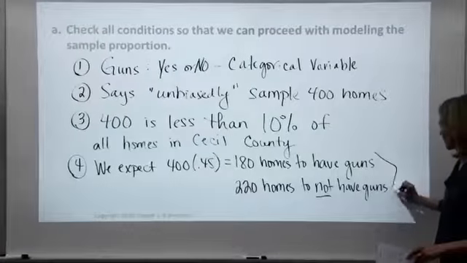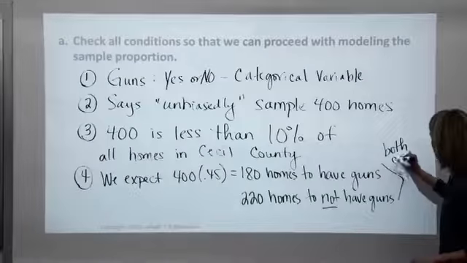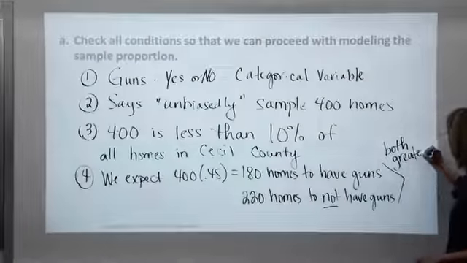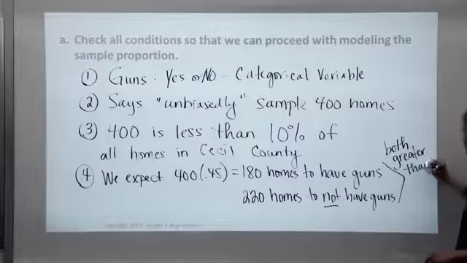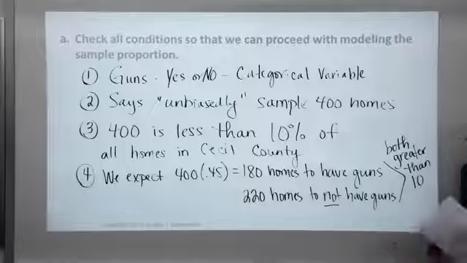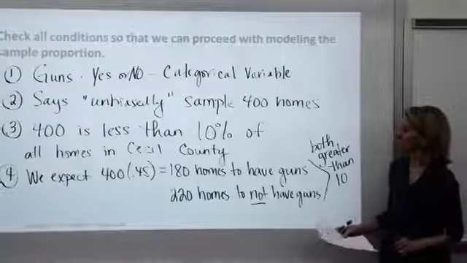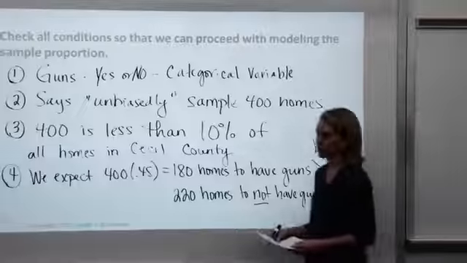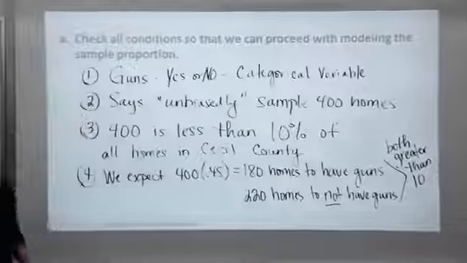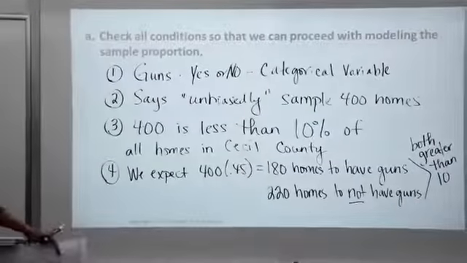The big thing here is that both of these are greater than 10. So all 4 of our conditions are met, so we'll be able to model the sample proportion using the normal model. So let's go on and see what we need to do next. Pause if you need to so you can copy down all the conditions.